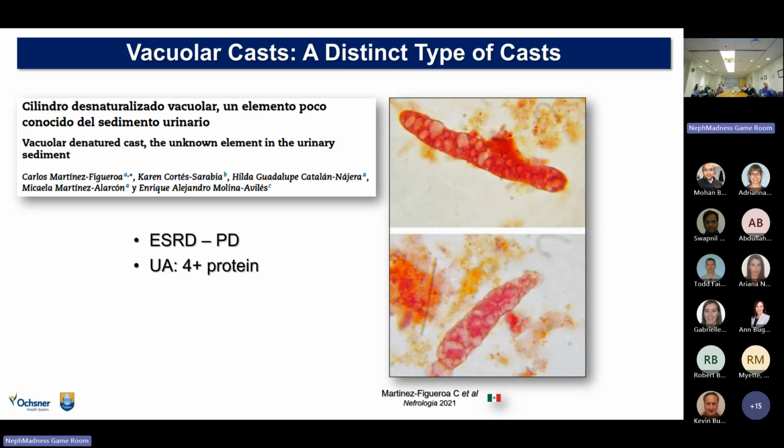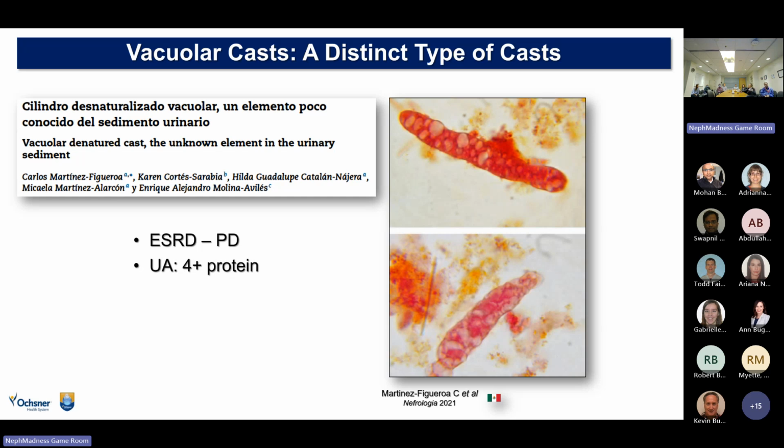And there's one report in the literature. Because of the vesicular aspect, we searched and found this report by Carlos Martinez Figueroa, a laboratory pathologist from Mexico. I was able to find him, saw him on Twitter, ended up calling him, and talked to him about this case.